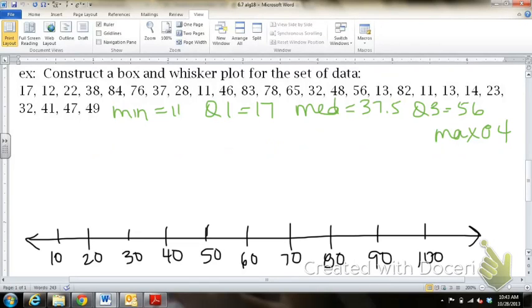So now I'm just going to eyeball where these 5 numbers would go. 11 would be a little bit past the 10. Okay. 17 would be just before the 20. And 37.5 is between 30 and 40, but closer to 40.